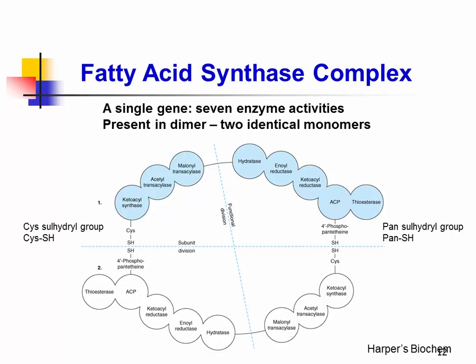The cys is like cysteine, so it's a cysteine group, and the pan is the pantetheine group. So they are a little different in terms of chemical structure, right?